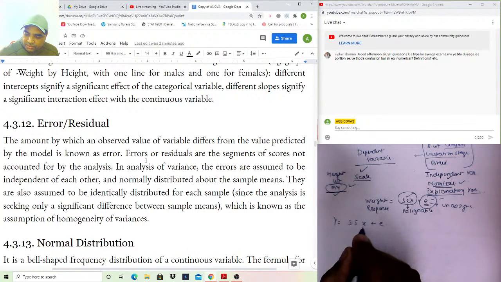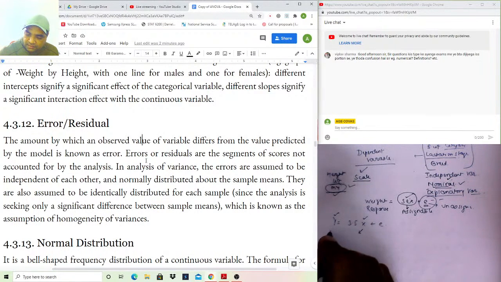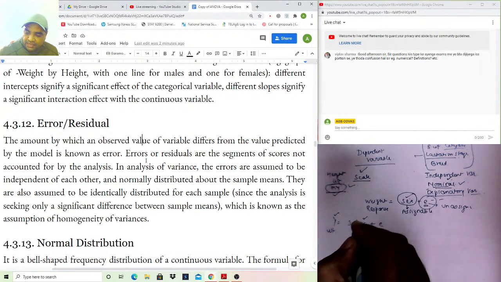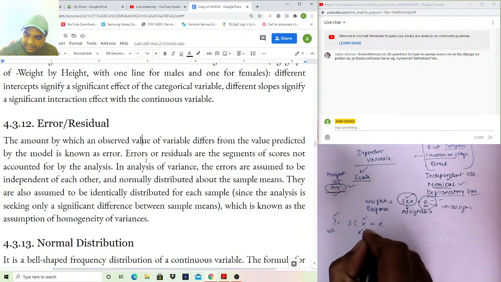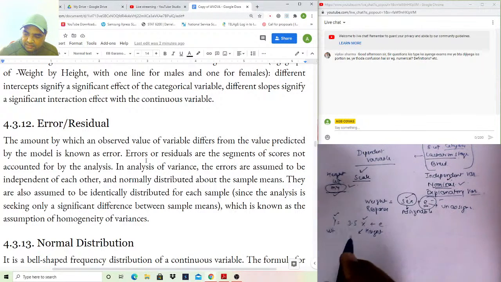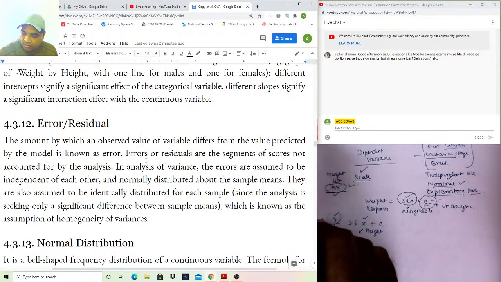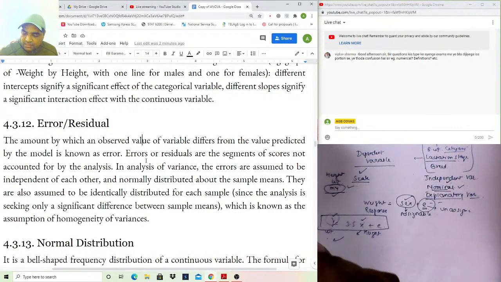So in the population you will be having certain values of x, you will be having values of y. Say for example this is weight, and this is height, right? So when you multiply this, you will not get the exact observed value of y in the population. Okay, that is, you got an equation from the data of your class.